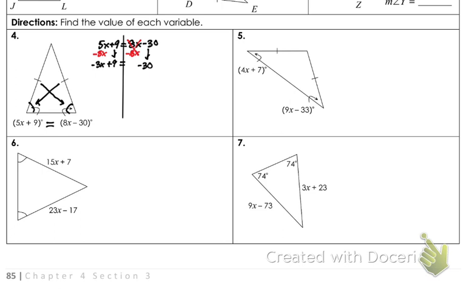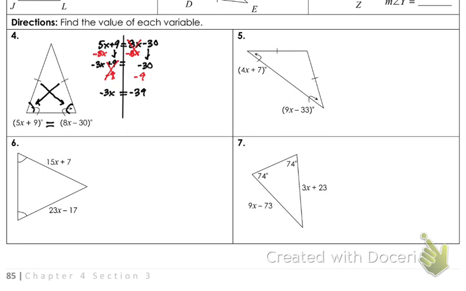What's the opposite of a positive 9? A subtraction, or a negative 9. So we're going to subtract 9, so that's gone. I subtract 9 from over here. I make sure I keep my equal sign. I know I have the line, but I want to keep that equal sign. That's gone, so I just have a negative 3x. I have negative 30 minus 9. Negative 30 minus 9 is a negative 39.